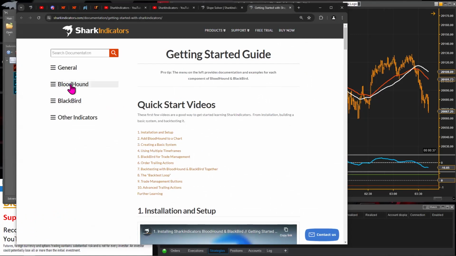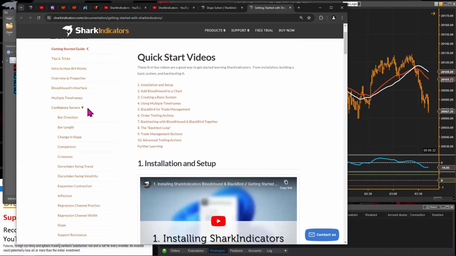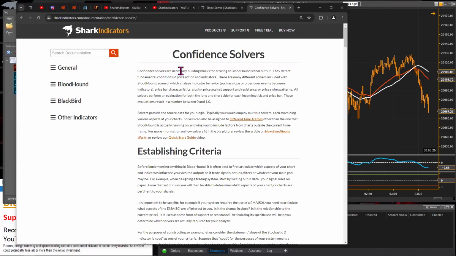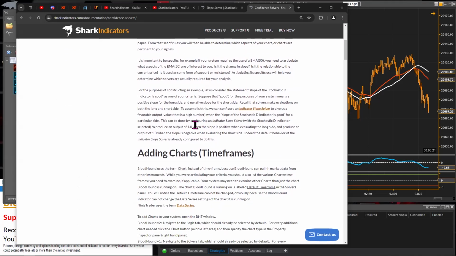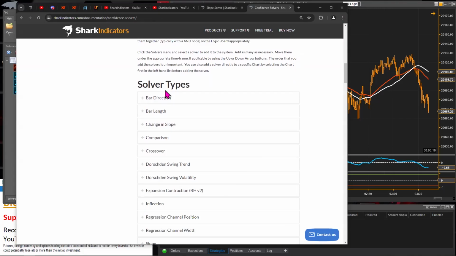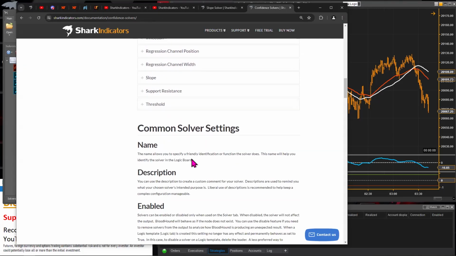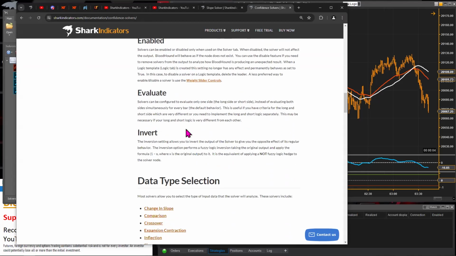And what we want to go to is the BloodHound side menu. And there's a page here on the solvers, right? So we're going to go to the confidence solvers, this page. And this discusses all the information that all the solvers have in common. Okay. So adding a solver, a brief explanation of all the solvers, and common solver settings, right?